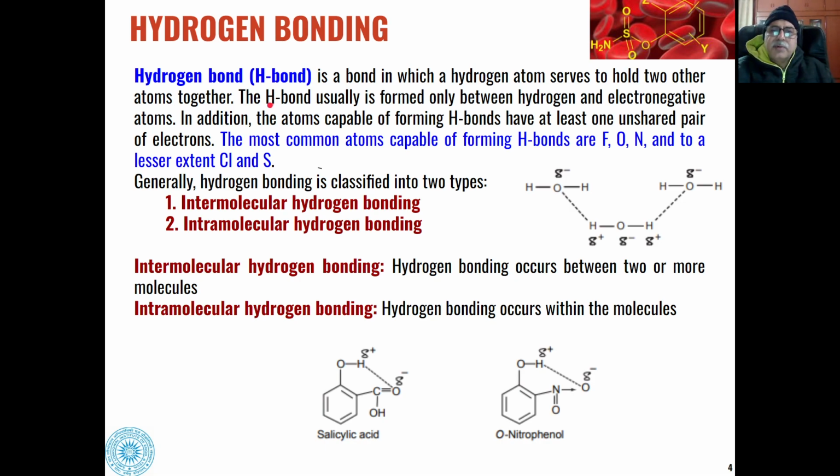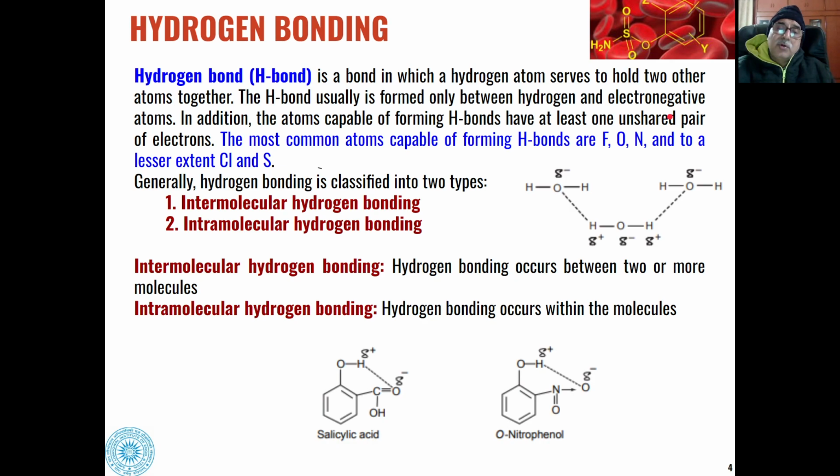activity of that compound. And as you know, hydrogen bonding is basically a bond between the hydrogen atom, which is an electropositive atom, and another atom, which is usually electronegative.